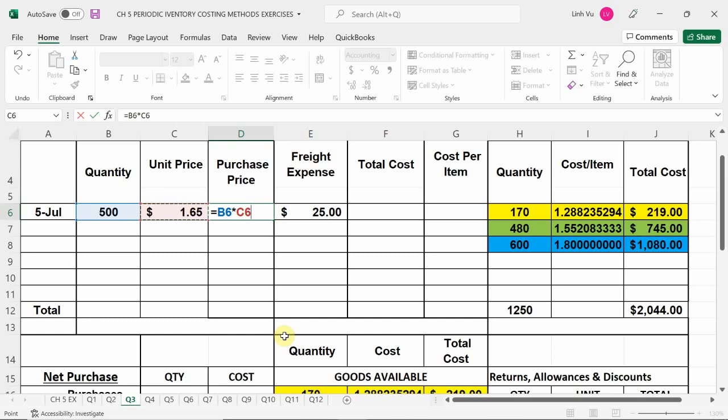It's $825. $825 plus 25 makes it $850. And then my cost per item is going to be $1.70.